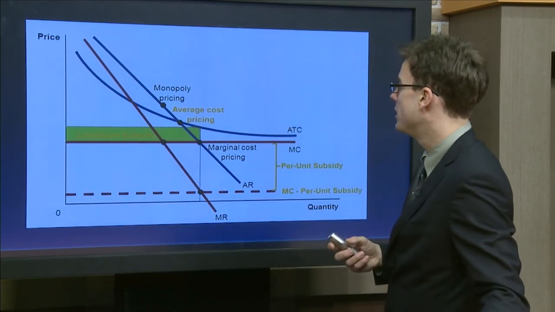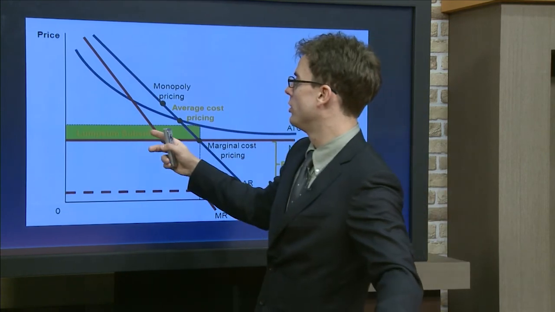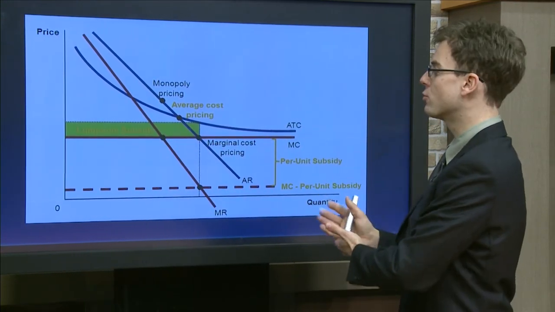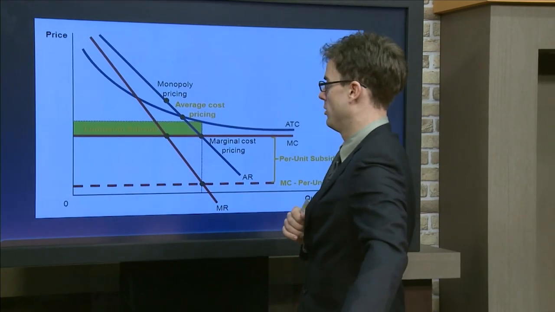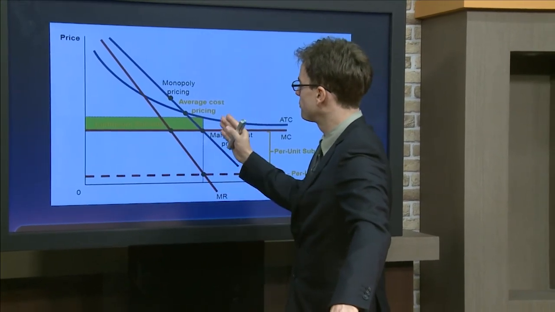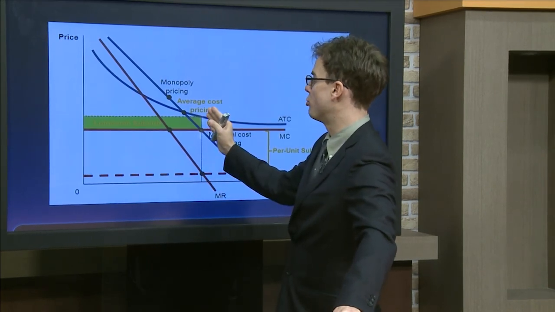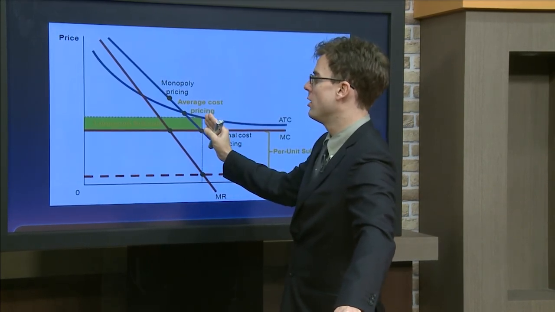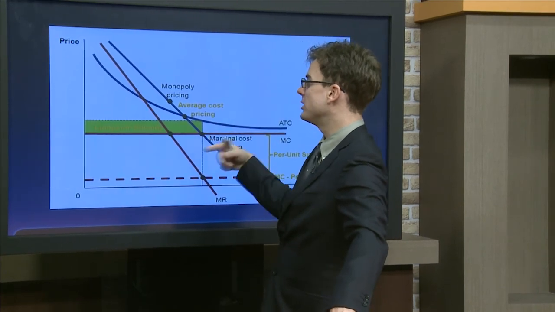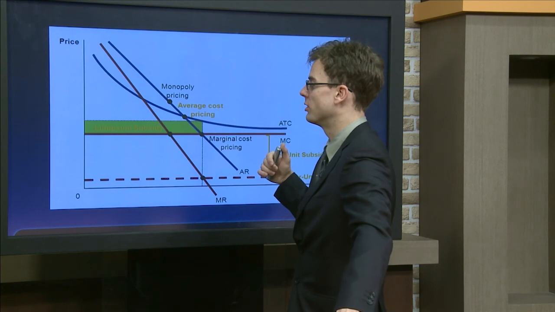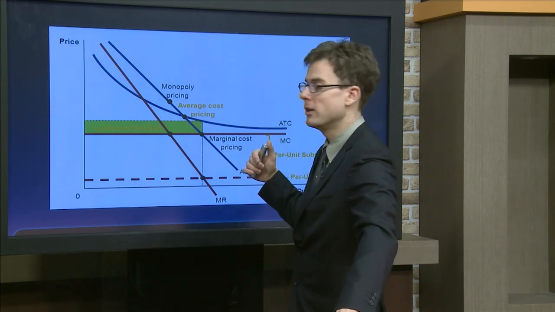Alternatively, the government could impose a quota or command and control instrument. The government could require the monopolist to produce this output level, and the government could compensate for the losses that the monopolist would obtain.